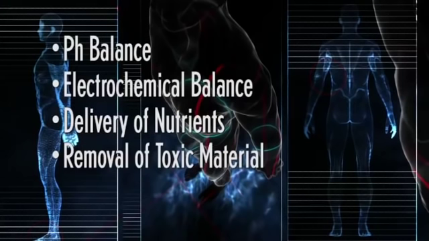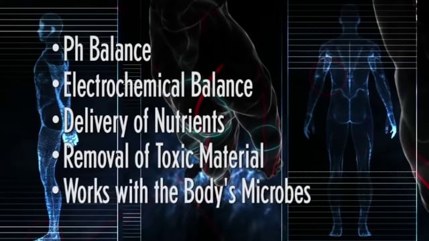moving on to number 5, the 5th thing that fulvic acid does in our body is it works with our 3rd component, which is microbes. Depending on which textbooks you study, there are anywhere from 10 up to 100 times more microbes in our body than there are cells.